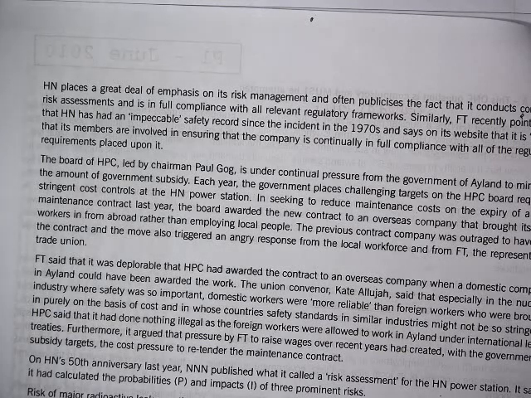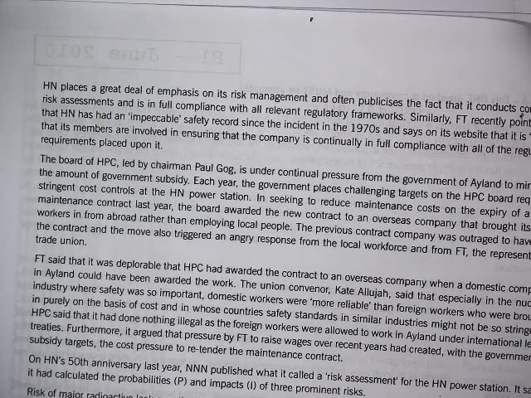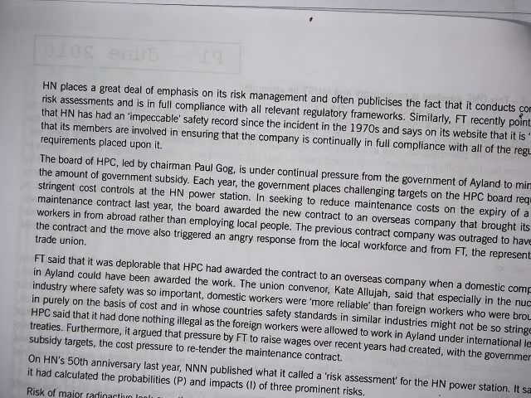The board of HPC, led by the chairman Paul, is under continual pressure from the government of ALAN to minimize government subsidy. Every year, the government places challenging targets on the board, requiring very stringent cost control at the power station.